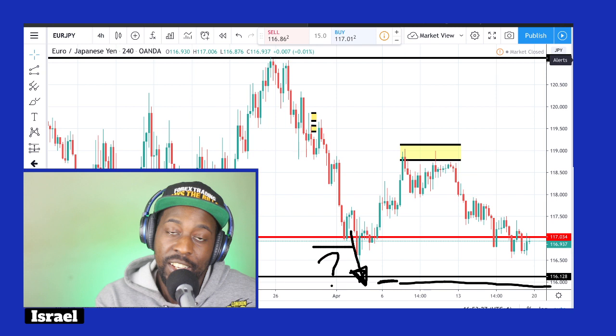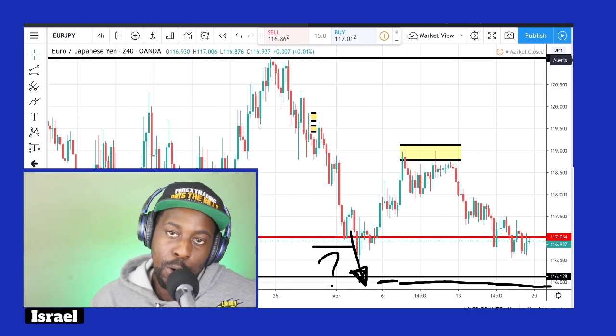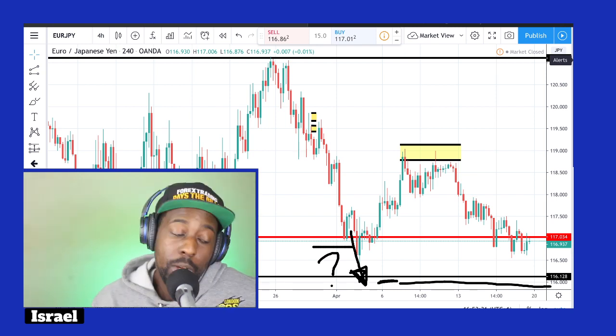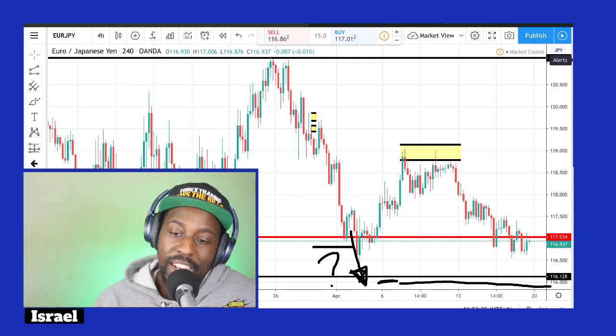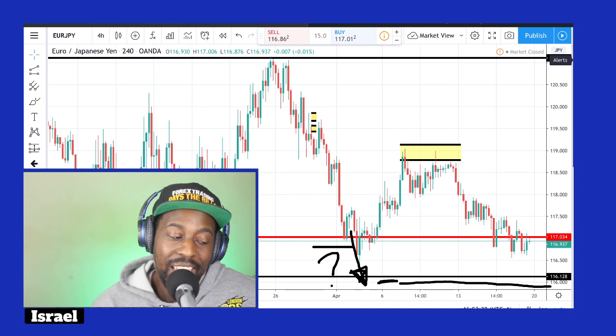Now, the fact of the matter is, that's one option. It can do that. There's a lot of momentum behind it. But we're reaching historical key areas, which you have to be mindful of. In those scenarios, we say, okay, it could drop lower. It always could do that. We know that as a possibility.